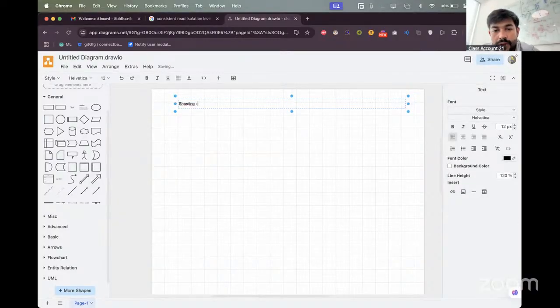Okay. Sharding a database. What is that? Method of distributing data across multiple machines.